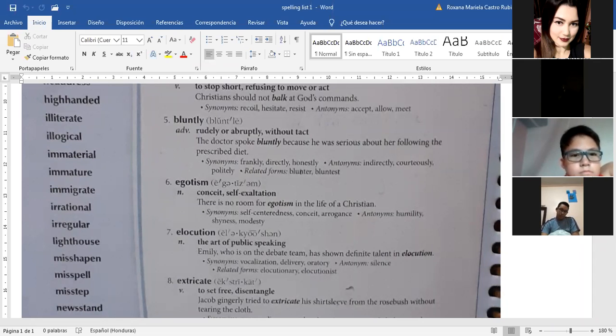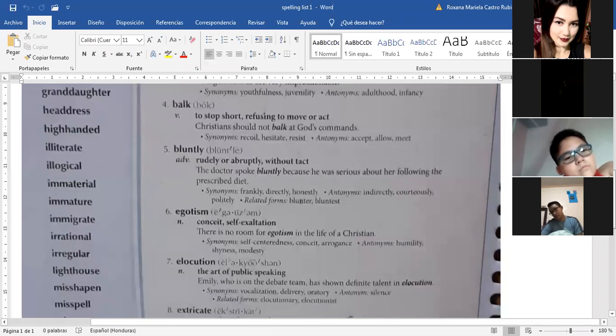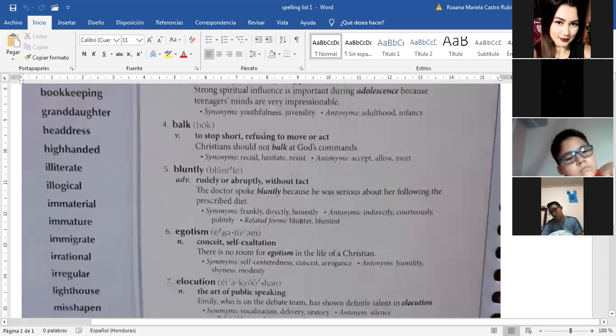What other word starts with B? Balked. Exactly, it is. Emma had always balked at the thought of door-to-door witnesses, but once she started doing it, she quickly gained confidence.